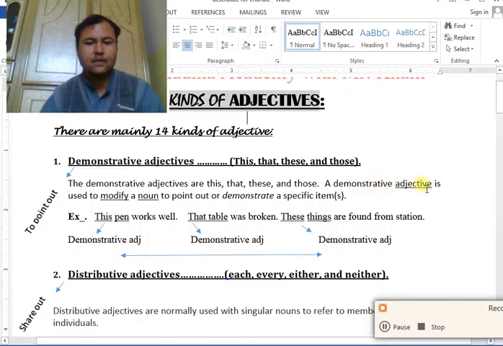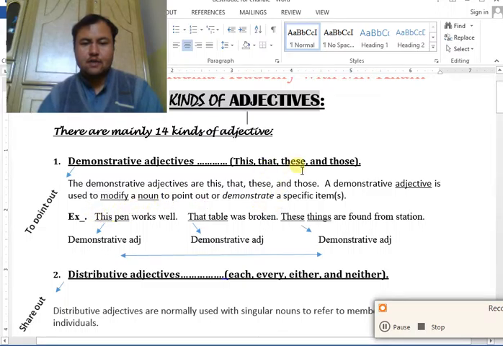A demonstrative adjective is used to modify a noun, to point out a specific item or items. We use these words before the noun to point out the noun.